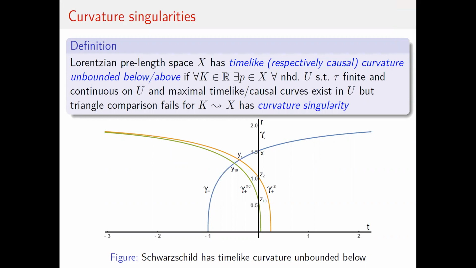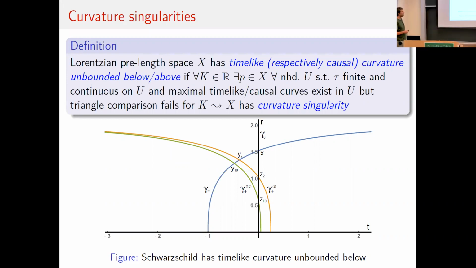What is a globalization theorem? It says that if your space has these comparison neighborhoods, every point has one, then actually you can do the comparison globally, using large triangles. But you don't have anything that is simple.